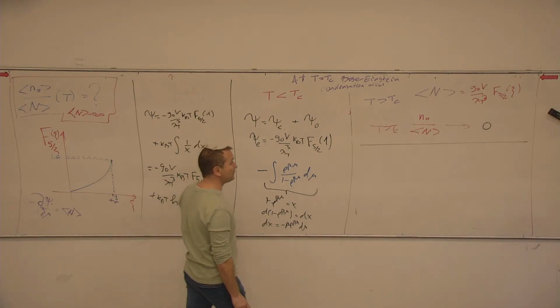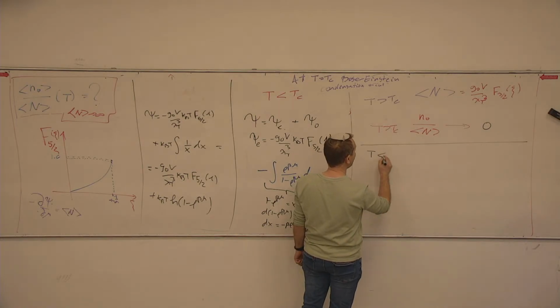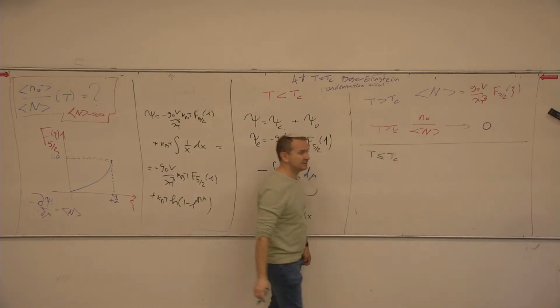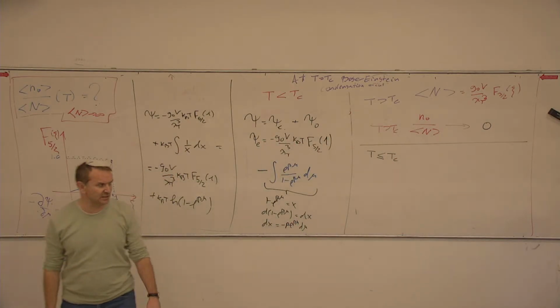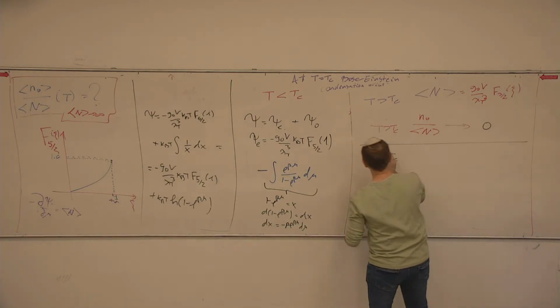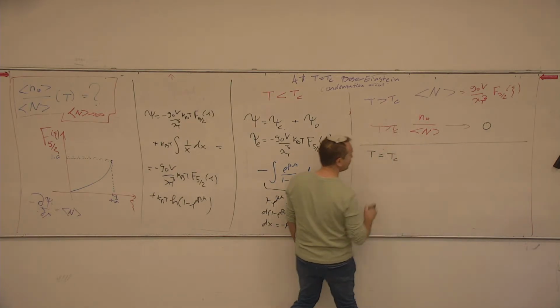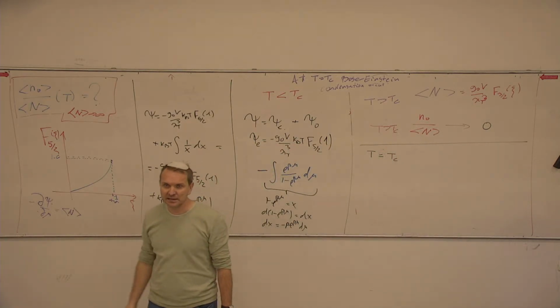Now, let's go to the other limit. What is happening for T less than or equal to Tc? Let's take the boundary exactly at Tc. What happens exactly at Tc?